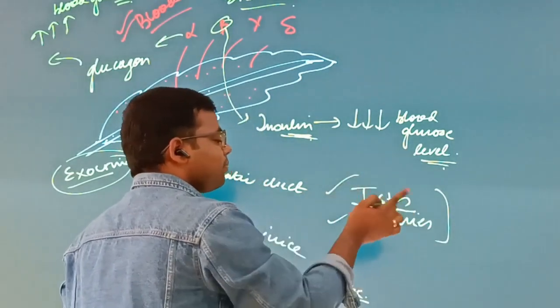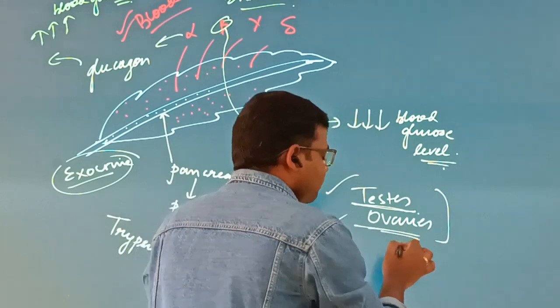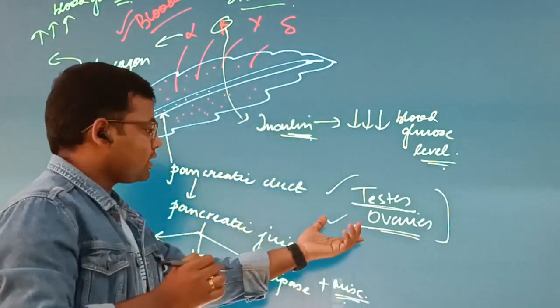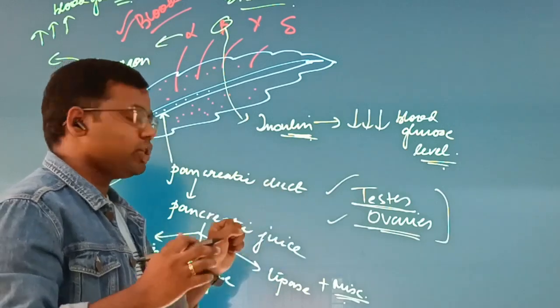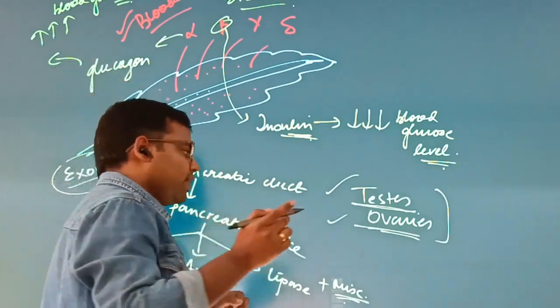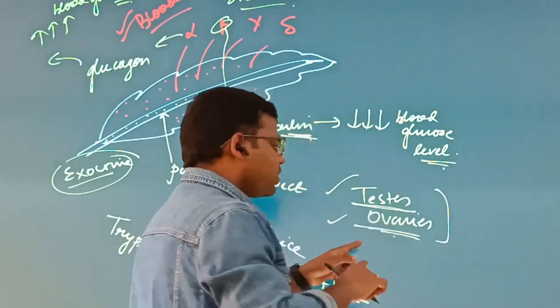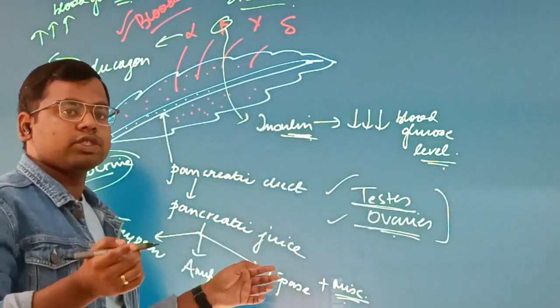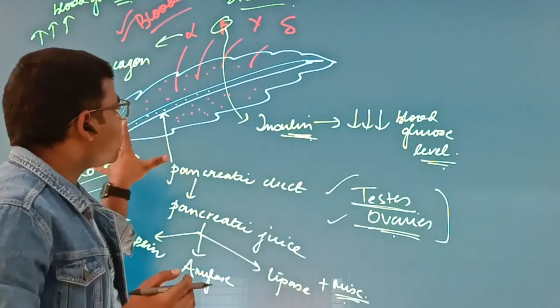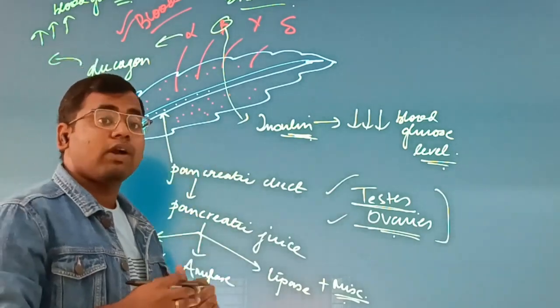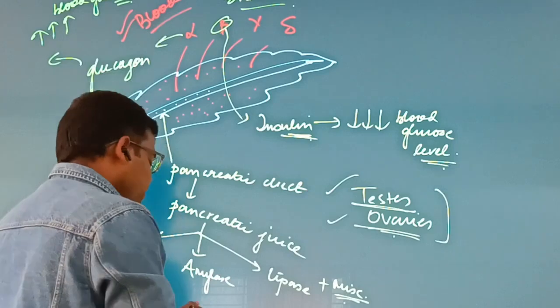So both functions are being performed. Similarly, in the ovaries, you find the fallopian tube, the oviduct. From the ovary, the egg will be released into the fallopian tube. This is your exocrine part, and from the ovaries, estrogen and progesterone, which are the sex hormones, will be released directly into the blood. So it is an endocrine function. Therefore, such kinds of glands are called mixed glands. Okay, so I hope you understood this.